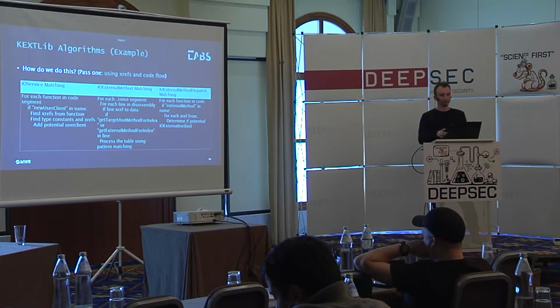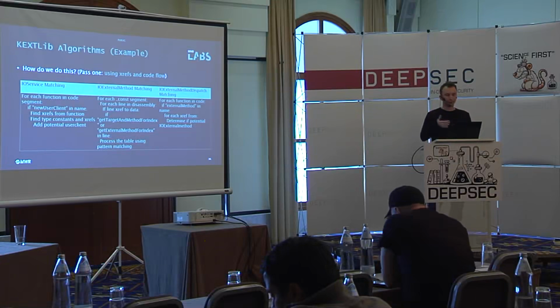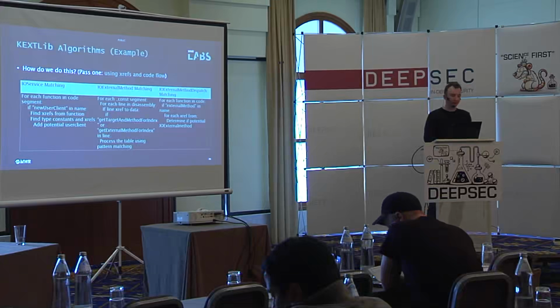Then I would look up type constants from the function and xrefs. And if it fitted that kind of heuristic of my matching algorithm, then I would add that as a potential I/O service. I'd do the same with I/O external methods as well, which are these function pointer tables and methods which can be called in each device driver.